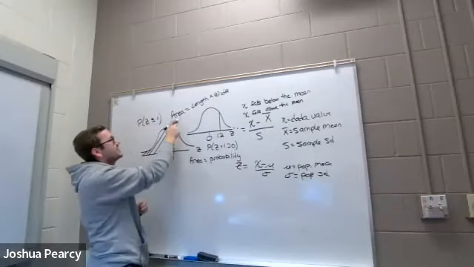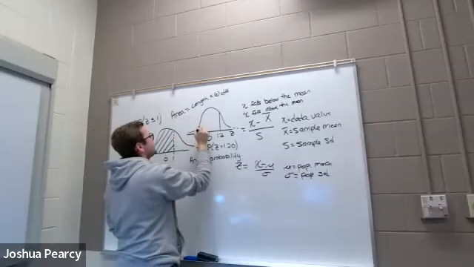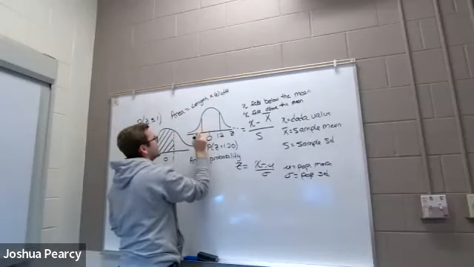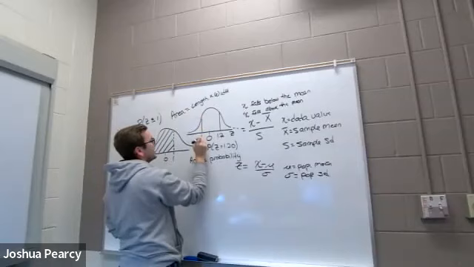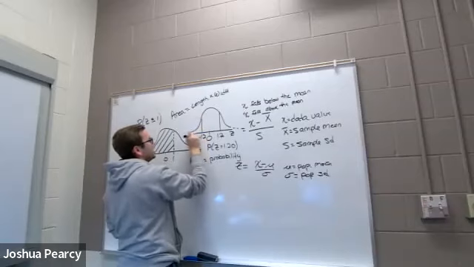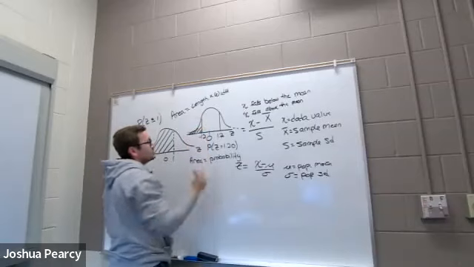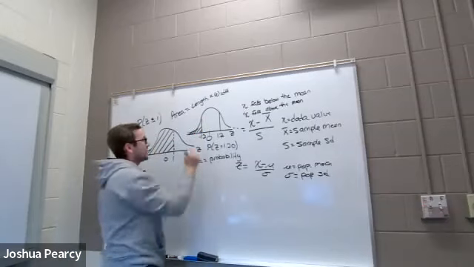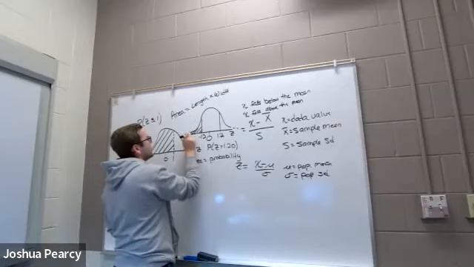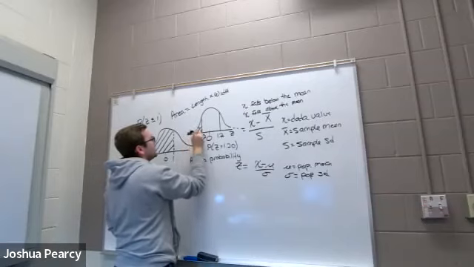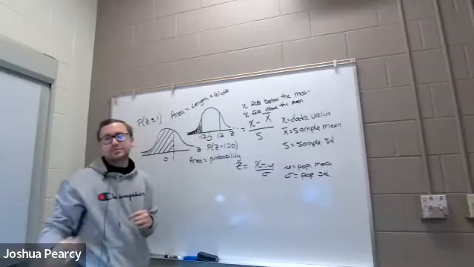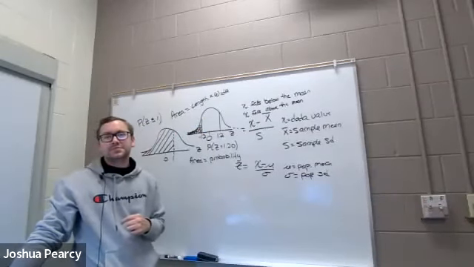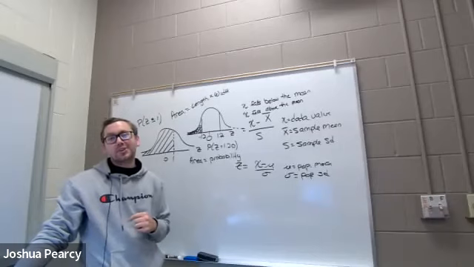Say for instance, I was looking at here and I said, find the probability of z being less than or equal to negative 1.20. That's all that area right there, right? I can approximate that using rectangles. And then I can take all the area of those rectangles and add them up. This is getting a lot more theoretical than I wanted, but I'm trying to explain.